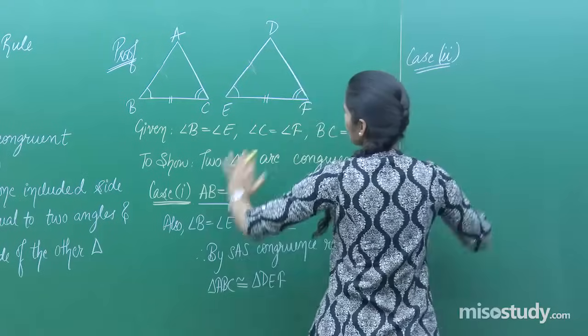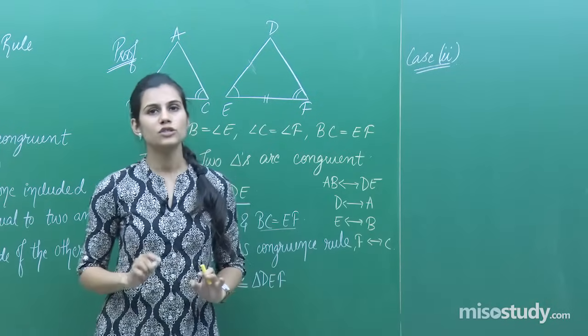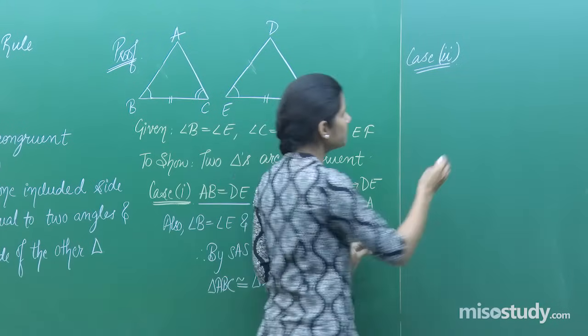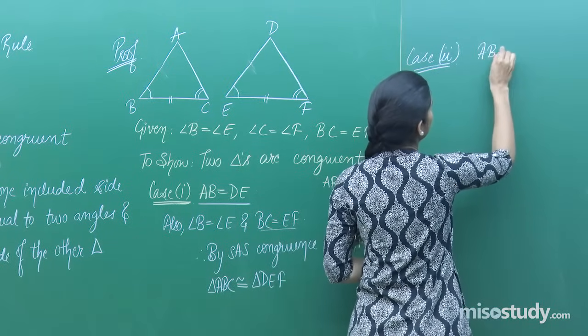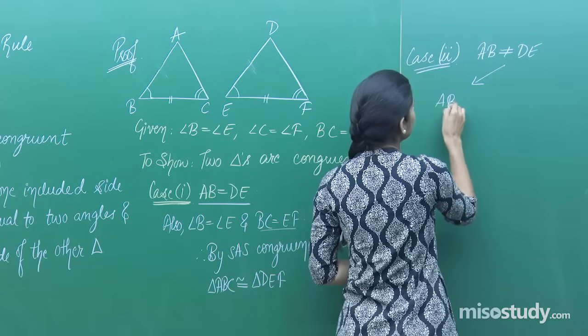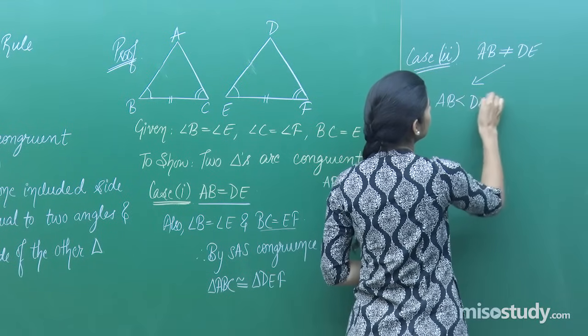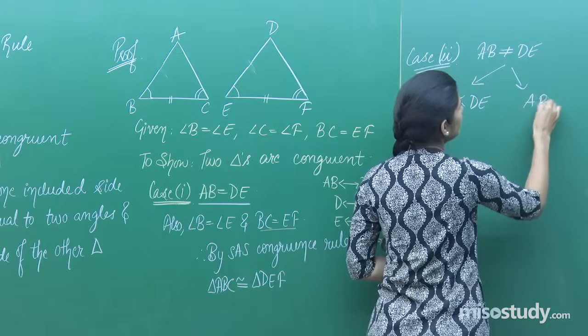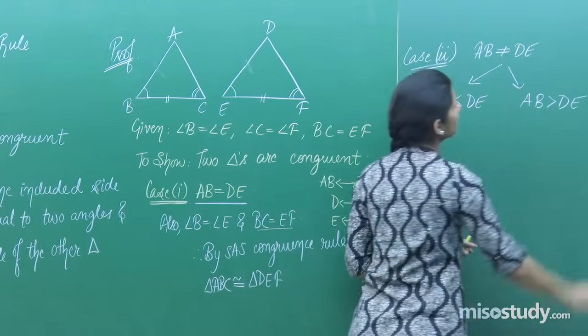That gives rise to two situations. If I am saying AB is not equal to DE, either AB's length is less than DE's length, or AB's length is greater than DE's length.